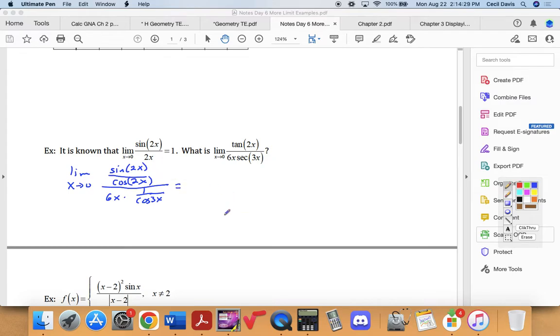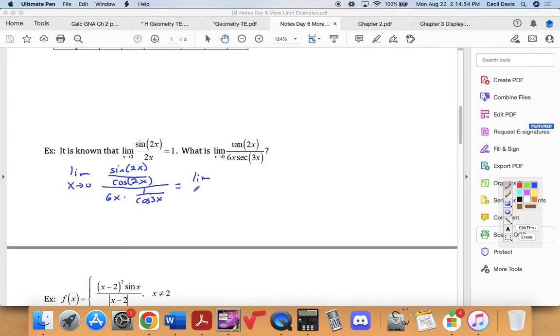I can do a little bit of cleanup immediately, because as x goes to 0, what does cosine of 2x go to? Nope. Try again. 0. Nope. 3 strikes and you're out. 1. Cosine of 0 is 1. And sine of 2x divided by 1 is just sine of 2x.